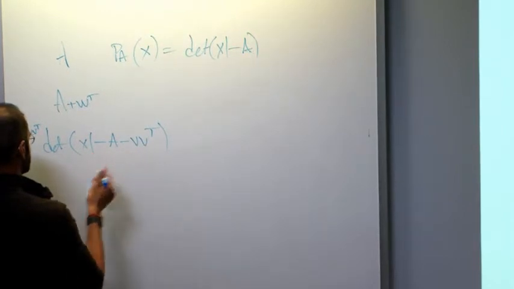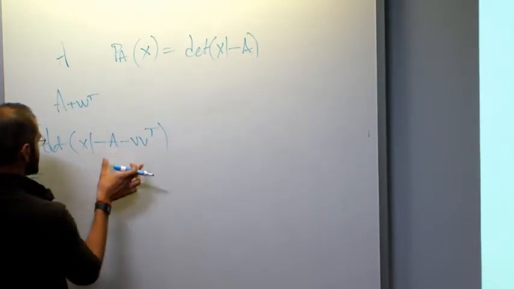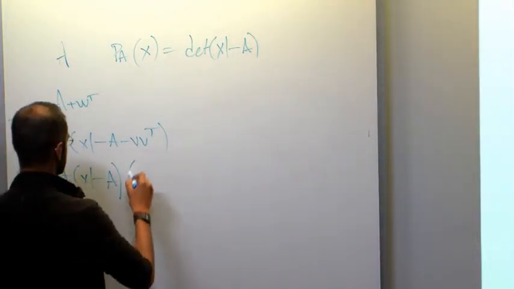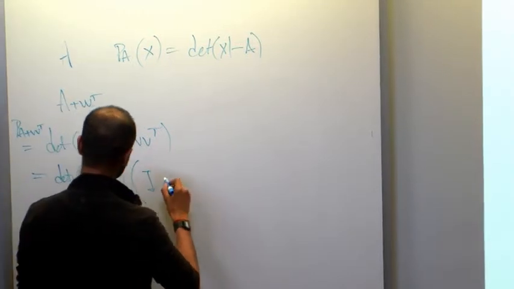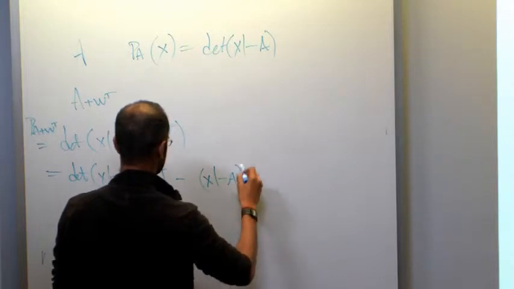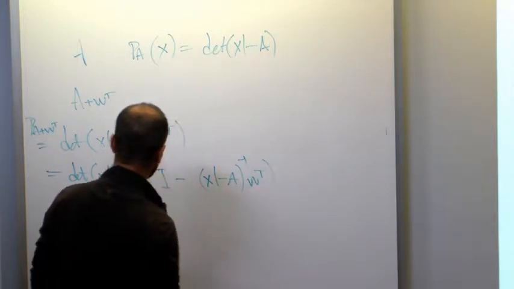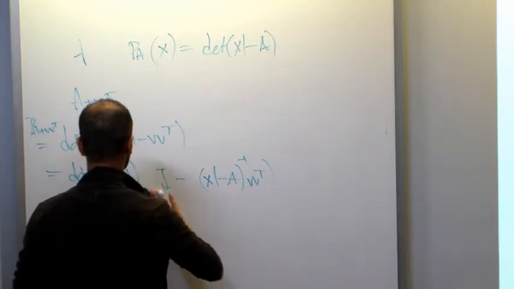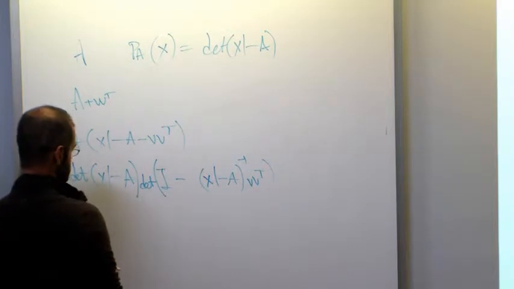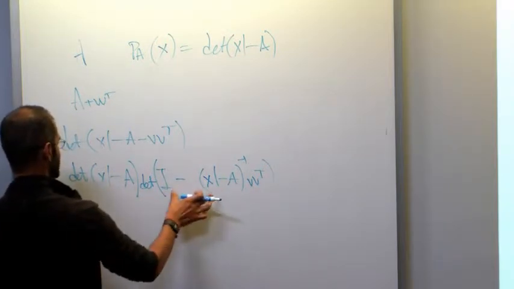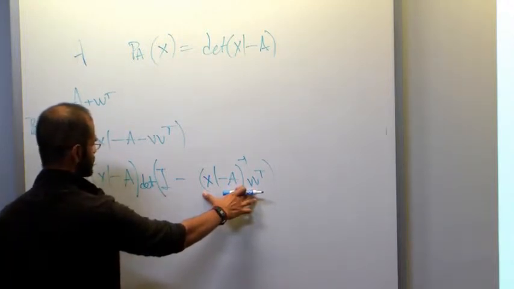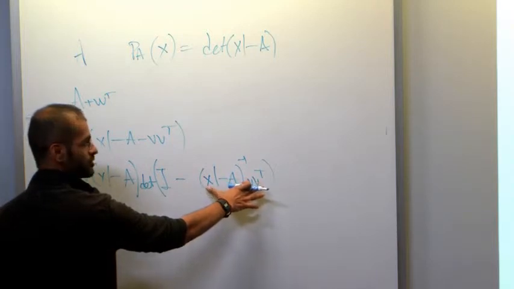Now the determinant is multiplicative, so I can take xI minus A out. So this is equal to the determinant of xI minus A times the determinant of the identity minus (xI minus A) inverse VV transpose. Now this is the identity minus a rank 1 matrix, so its eigenvalues are all 1, except for one eigenvalue which depends on the norm of this vector.